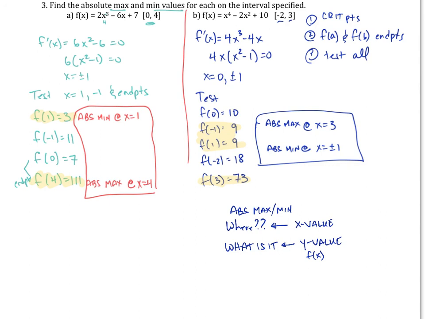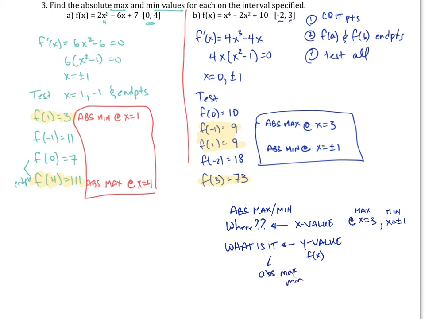Okay, so over here, for this problem, where did it occur? At, oops, I can't do an at symbol anymore, it appears. Okay, this occurred at x equals 3, x equals plus or minus 1. This was the absolute maximum. This was the absolute minimum. And what were the values? What is the absolute maximum?